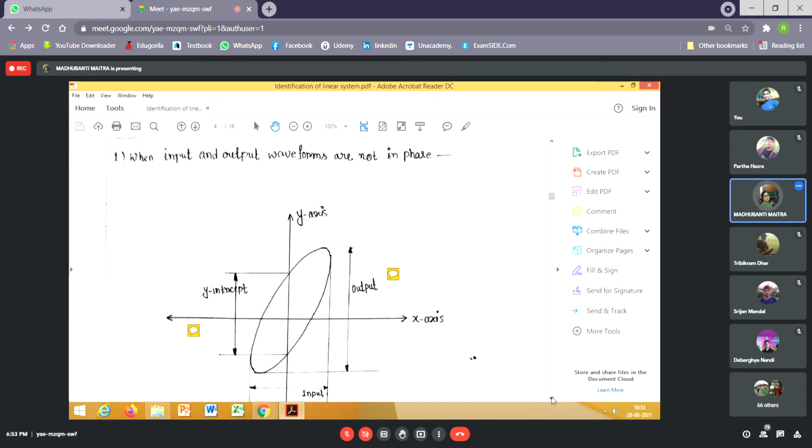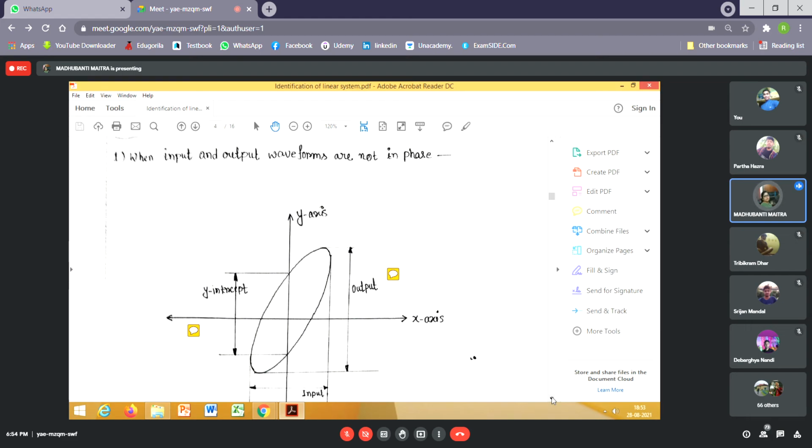Or we can say the oscilloscope provides us the information of Y versus X. The time base is suppressed, so we'll get the information of how Y is varying with X. Clear? Yes, ma'am.